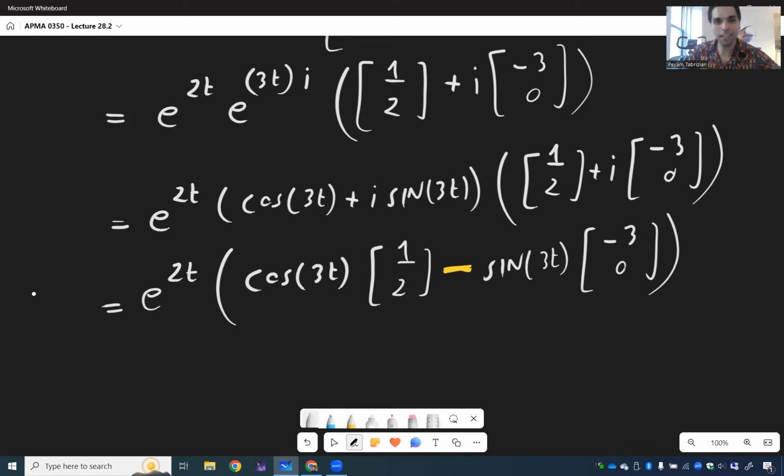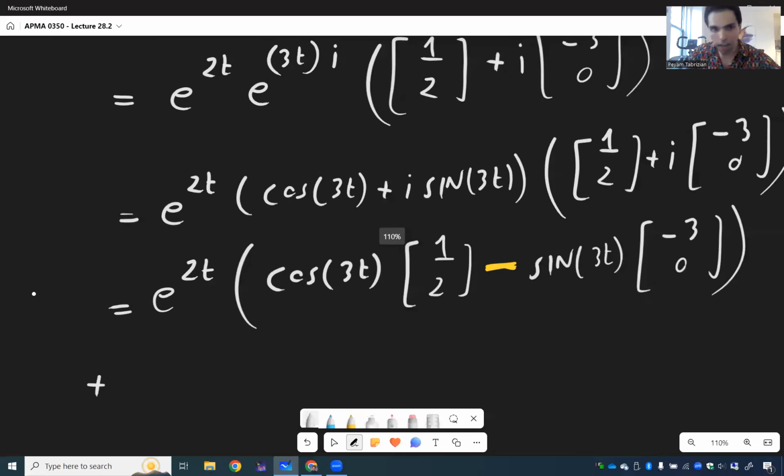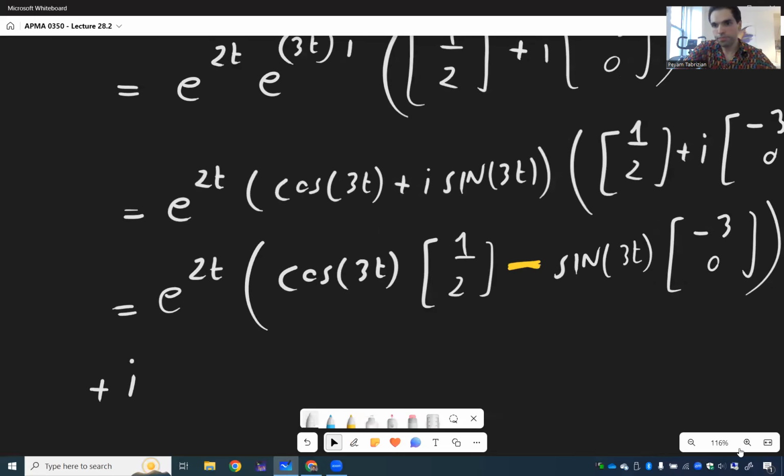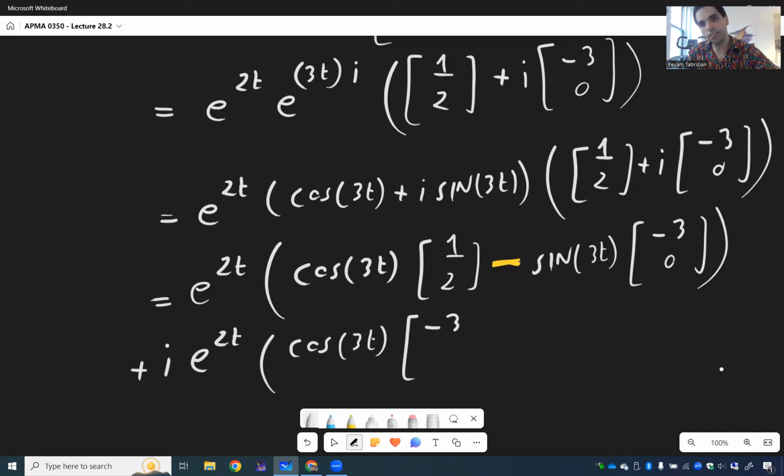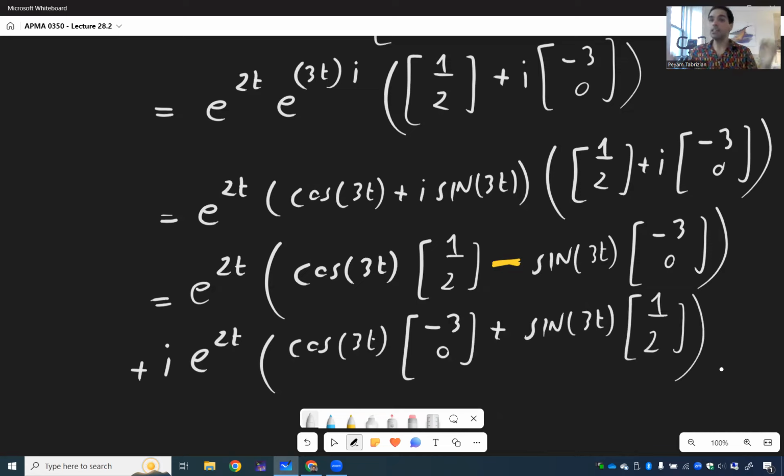So i squared is minus 1. And then plus i e to the 2t times the cross terms. So cosine 3t (minus 3, 0) plus sine of 3t (1, 2). So once again, the first term is like a dot product, but with a minus. The second term is just the cross terms.